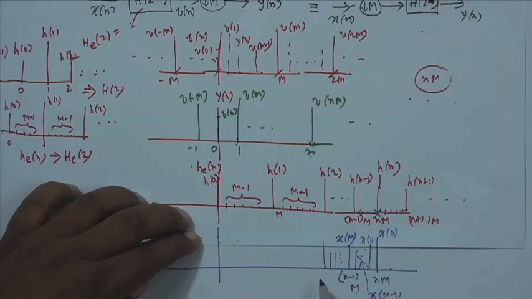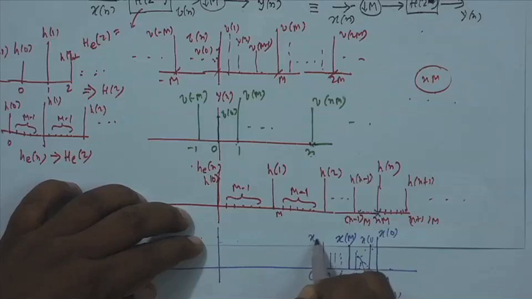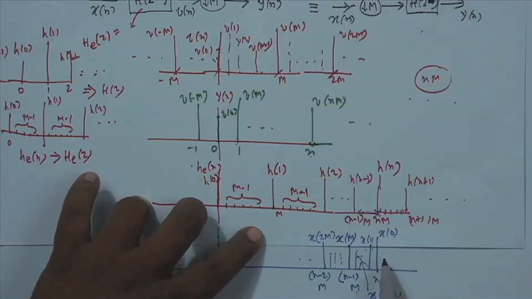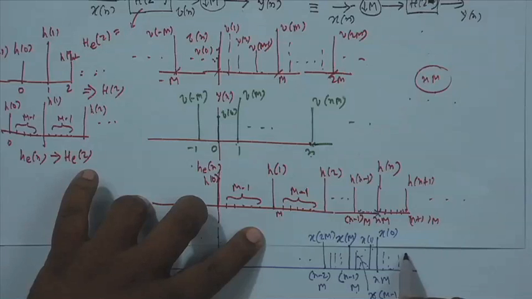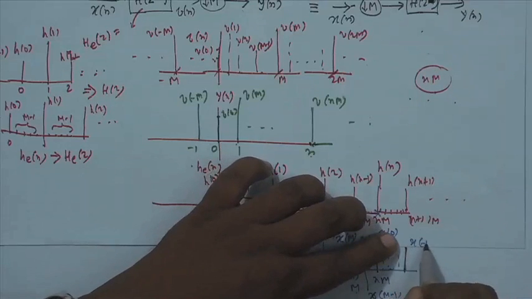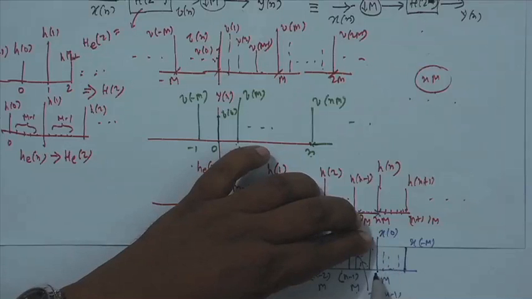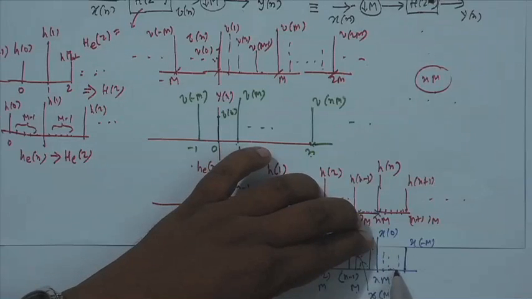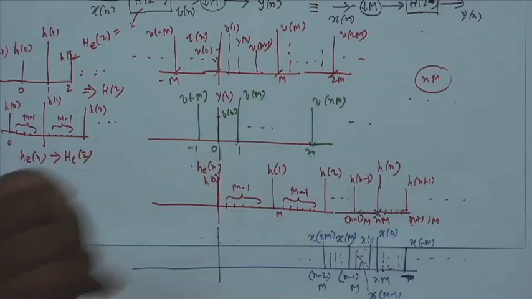Then at the next point, suppose (n minus 2) times M, who comes? x[2M]. And on this side, some intermediate samples, then here, who comes? x[-M] from the left hand side, because M minus 1 samples, x[0], x[-1], x[-2], so total M minus 1. So, after that, here we will have x[-M].